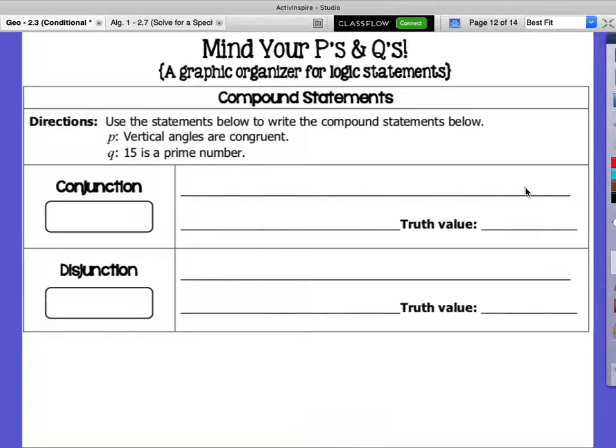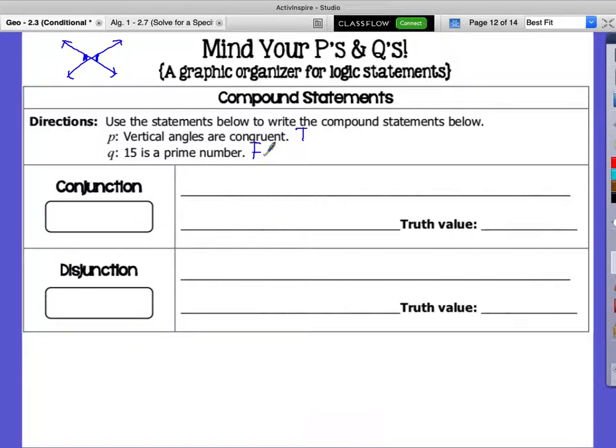Remember, those were the angles that make an X, like this angle over here and this angle over here. Are those congruent? Yes, 100% of the time. So that's true. Q: 15 is a prime number. Is that true or false? False. Why is that false? 3 times 5 gets 15, so it's not just 1 and 15.